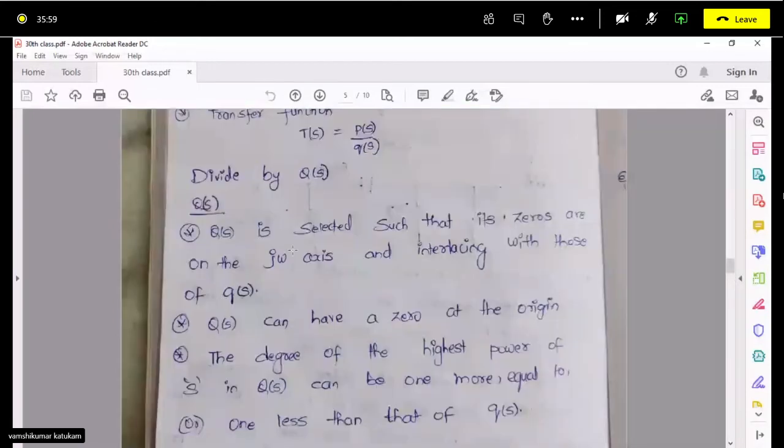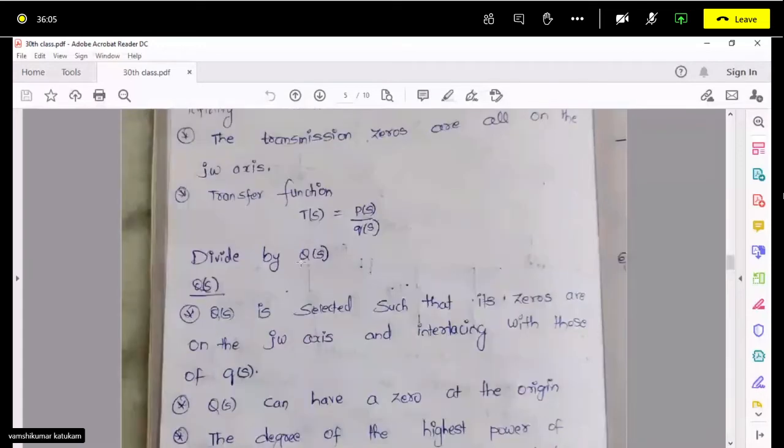Capital Q of S is selected such that its zeros are on the j omega axis and interlacing with those of small q of s. So capital Q of S zeros will be purely imaginary, and interlacing with the zeros of small q of s, or the poles of T of S.